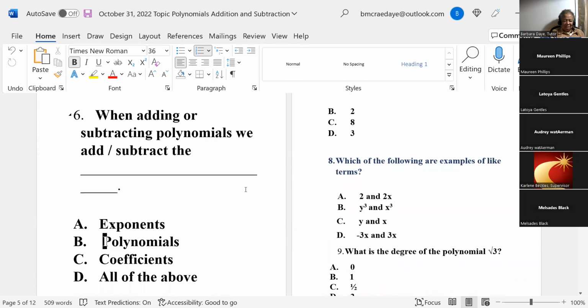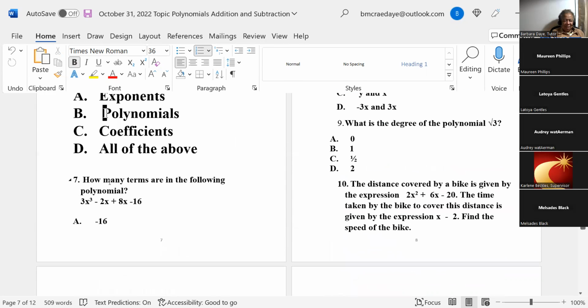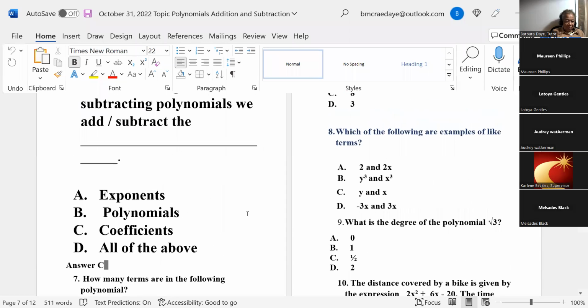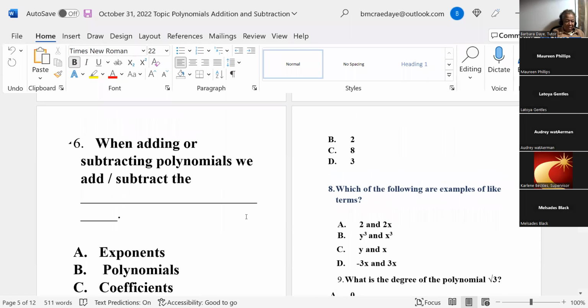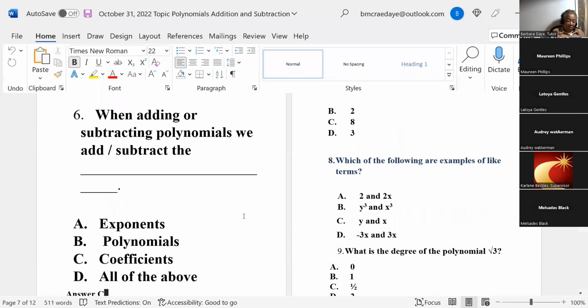Correct? So the answer is C. I can see why you said all of the above, because polynomials are a part of them.